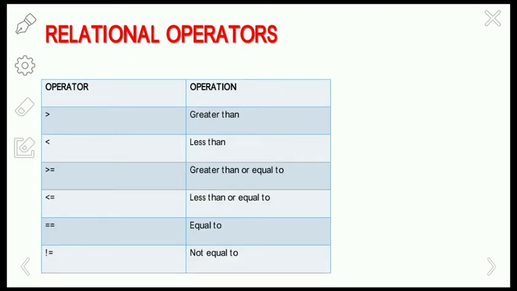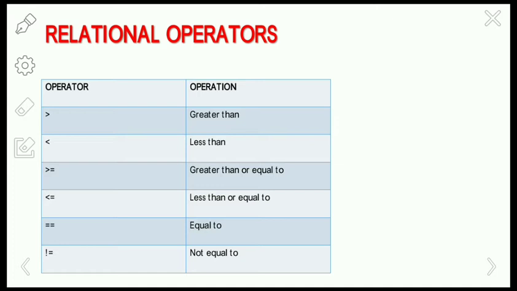So next one is relational operators. Relational operators are used to compare two variables. We use them to find the relation between two variables. The result of a relational operation is always true or false. Generally they are used to compare two values.